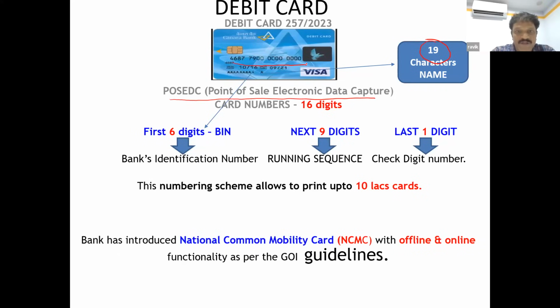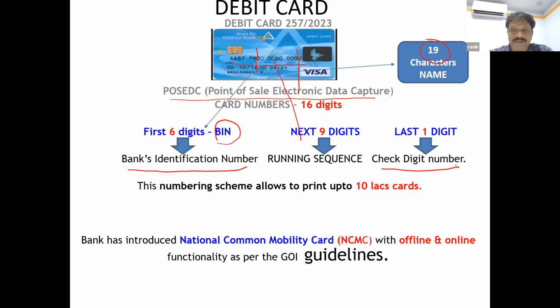First 6 digits are called as BIN. BIN stands for bank's identification number. Then next 9 digits are called as running sequence number. Last digit, whatever you see, is check digit number.